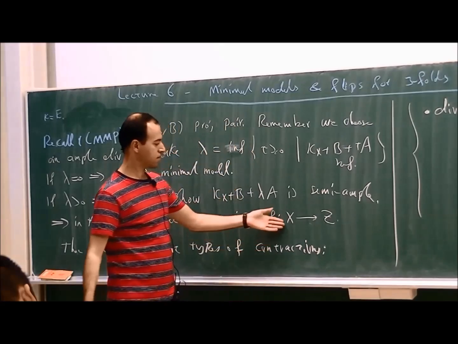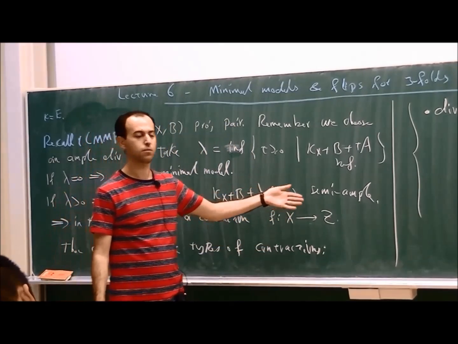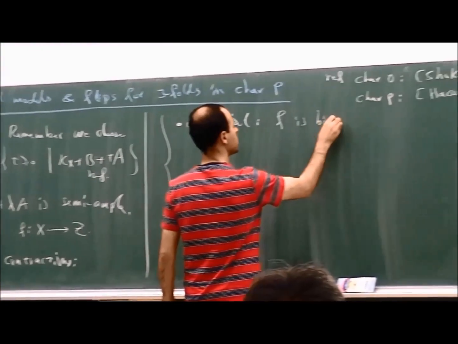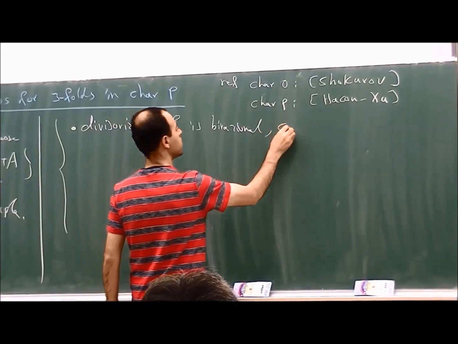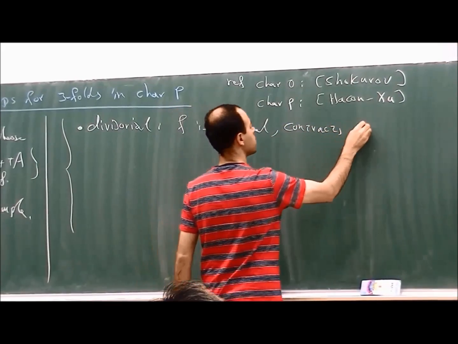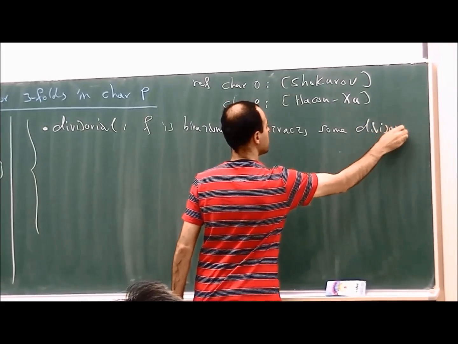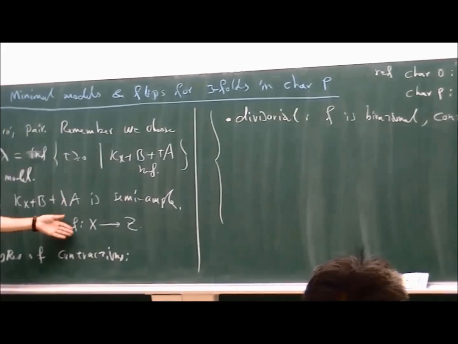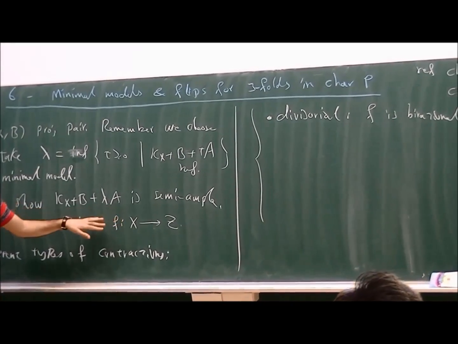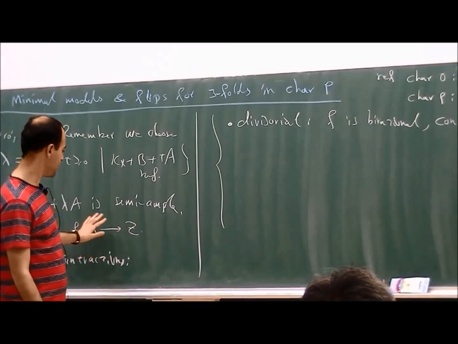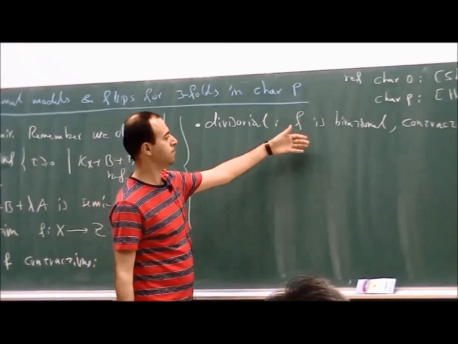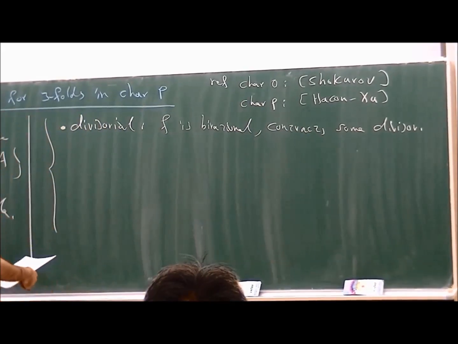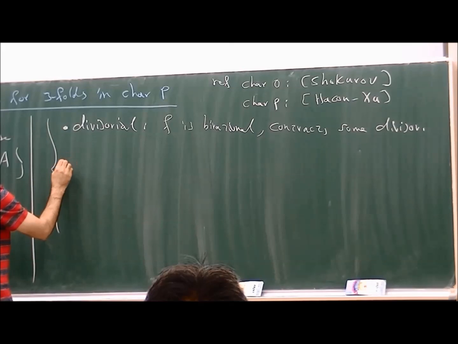That's when this morphism contracts some divisor, but it is still birational. In reality, we'd like to take this kind of f to be the so-called extremal, but I don't go into these technical bits. If you choose this to be extremal, then there will be better behavior. Like, for example, you could just contract one prime divisor. Anyway, you don't need to worry too much about that.